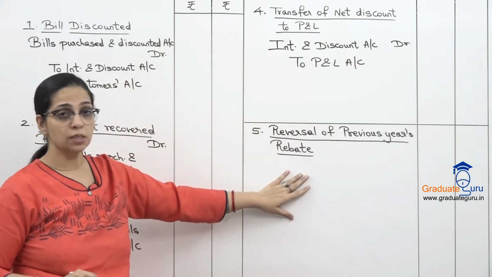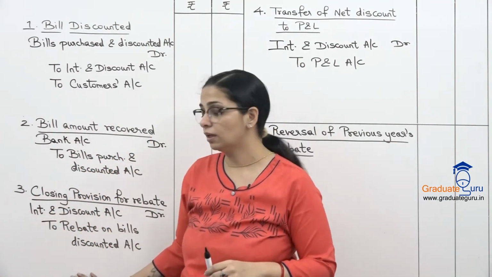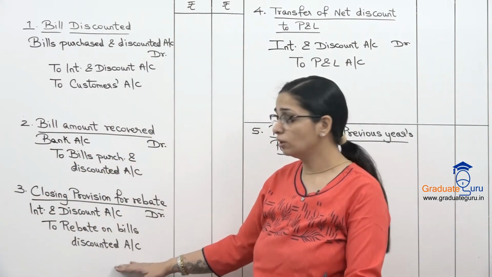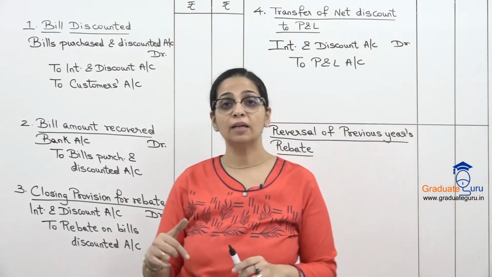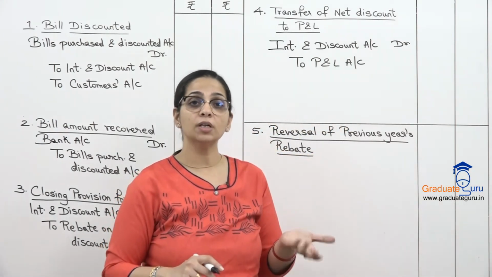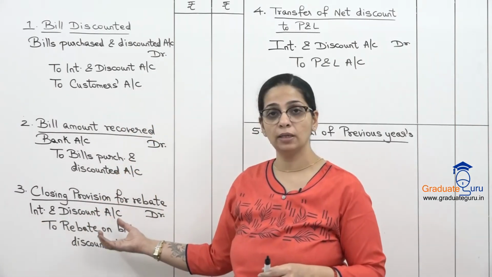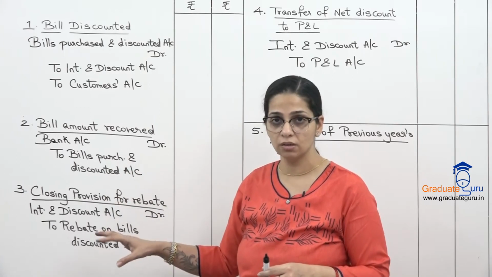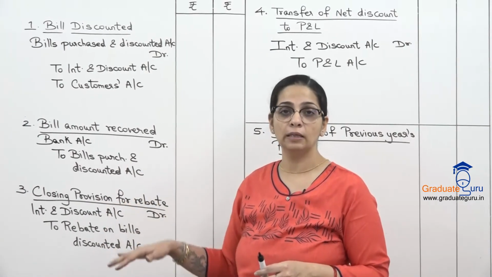Now this is another important effect. यहाँ पर जो हमने closing create किया, this is on 31st March. Very next day, on 1st April in the next year, I have to reverse that entry because यहाँ पर I removed it from my income. It was not the income of this year, so I removed it. Now next year it becomes my income again.